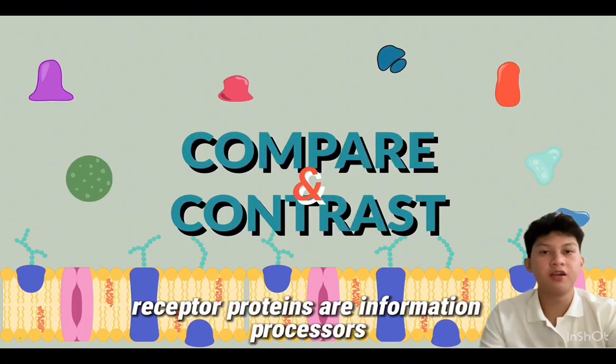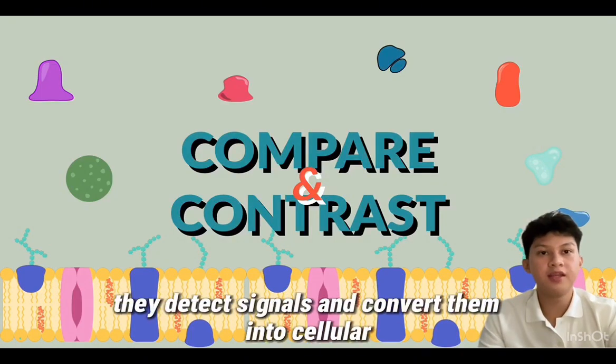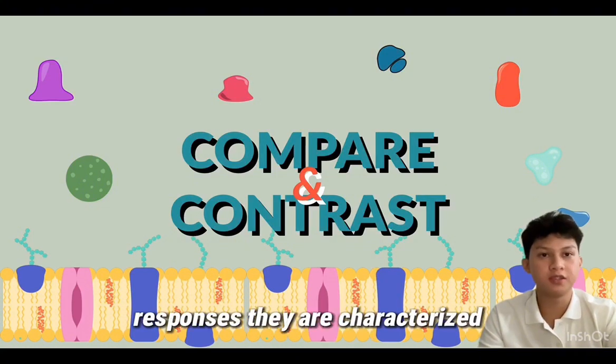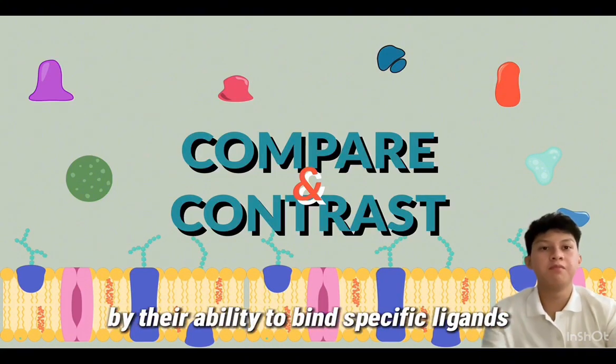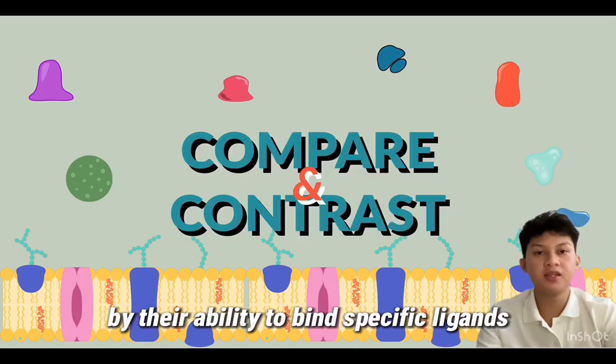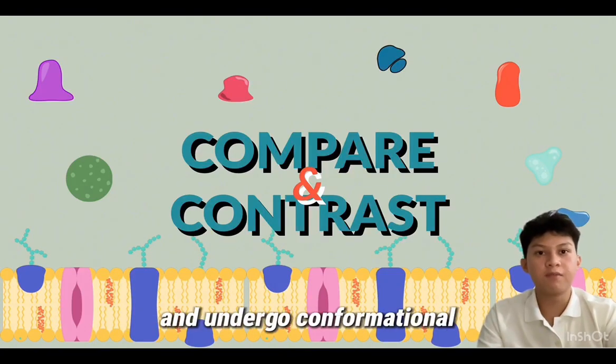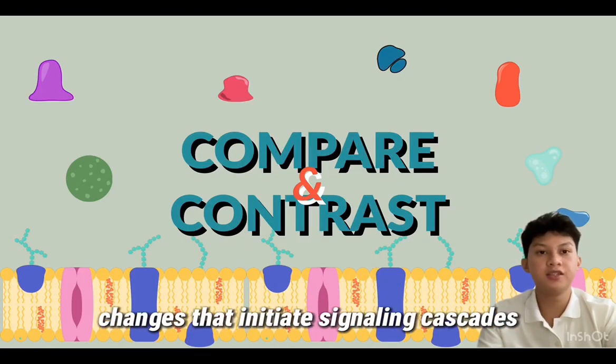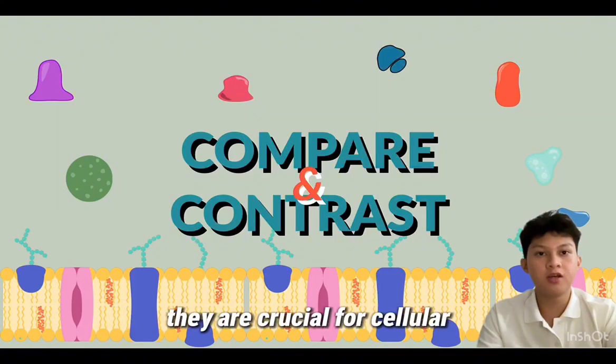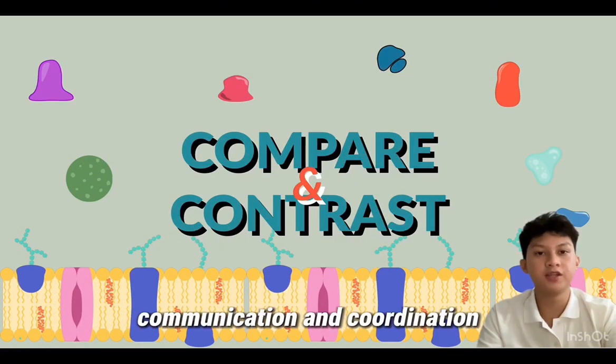Receptor proteins are information processors. They detect signals and convert them into cellular responses. They are characterized by their ability to bind specific ligands and undergo conformational changes that initiate signaling cascades. They are crucial for cellular communication and coordination.